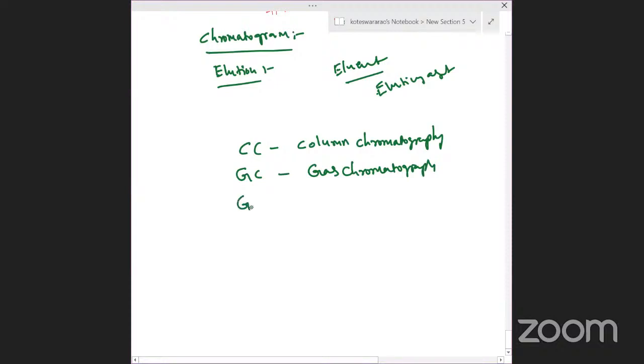GPC is gel permeation chromatography. LC is liquid chromatography.